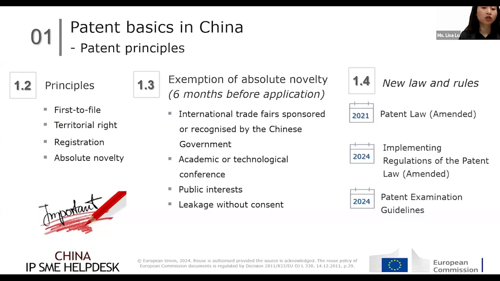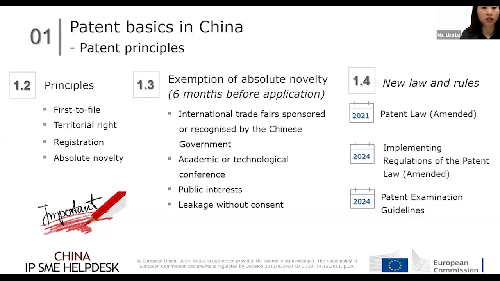And now we know what kinds of patents there are in China, and then we should understand there are some important principles for you to consider on when and how to protect patents in China. First to file principle applies here. That means if you are not the first to file your patent in China, and someone else did it, the person who filed before you eventually gets the patent in China, then they can claim they are the patent owner.